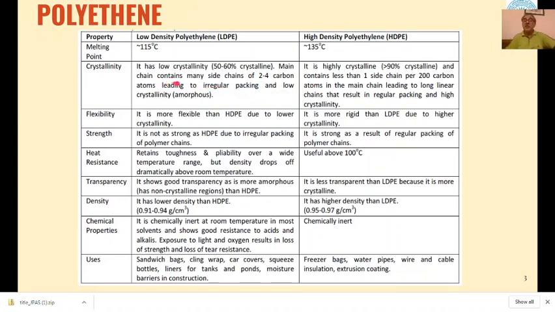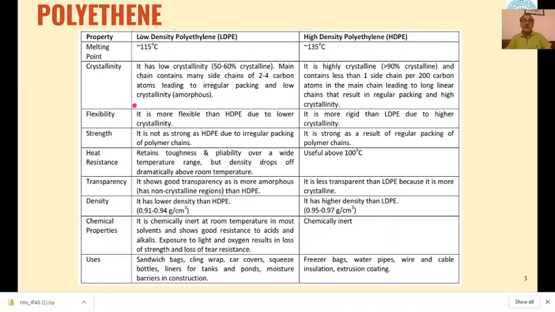And here the main chain contains many side chains of 2 to 4 carbon atoms, and because of this it becomes a low density polyethylene, and amorphous nature is more as compared to crystalline nature because of these side chains. Whereas in case of HDPE, they contain less than one side chain per 200 carbon atoms in the main chain. So basically this is a very linear chain polymer. So that is why it has a regular packing, and it has high crystallinity.